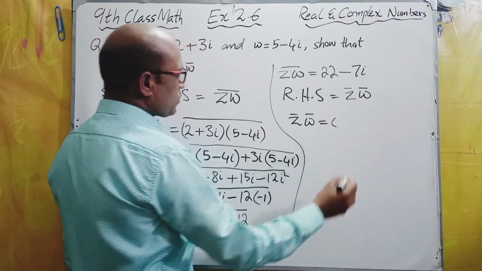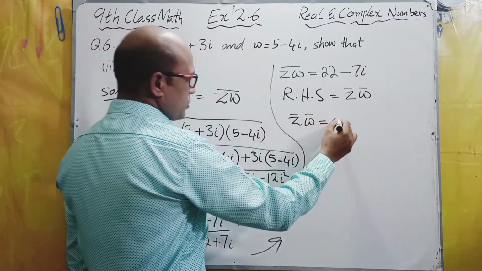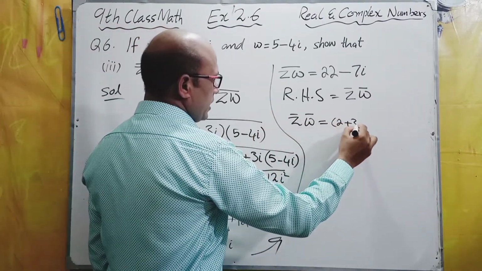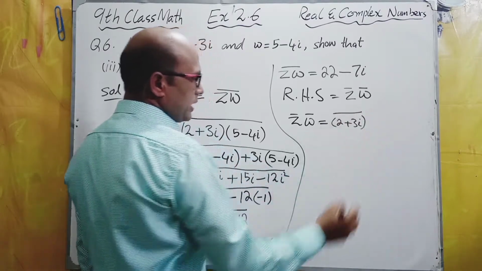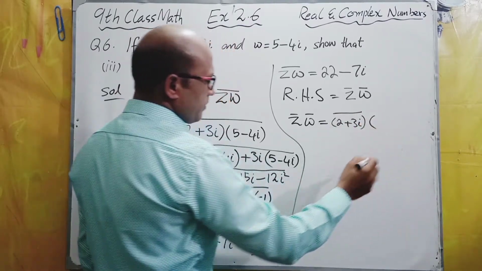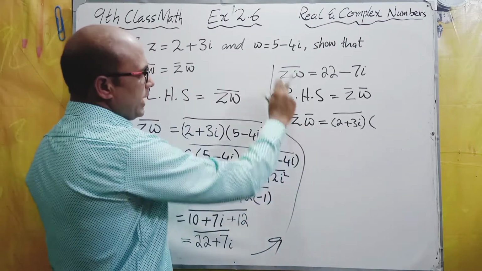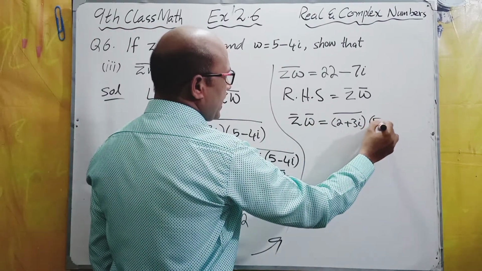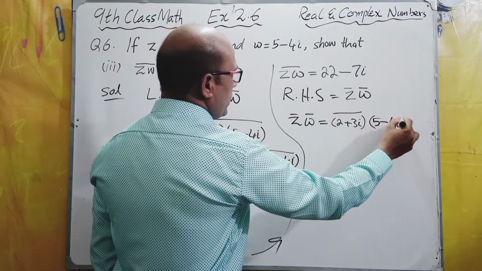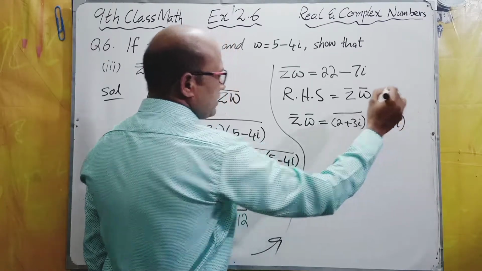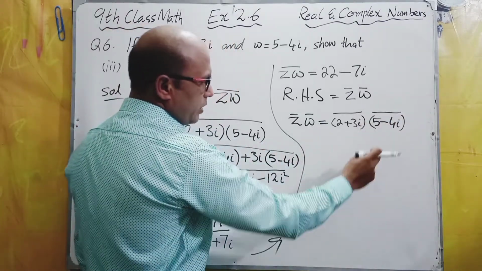So first one is 2 plus 3 iota. We'll put a bar on this, and then value of omega is 5 minus 4 iota, and there will be a separate bar on this value.